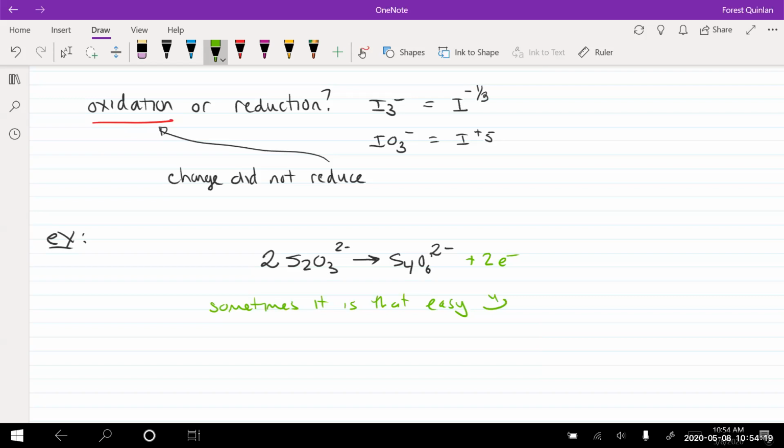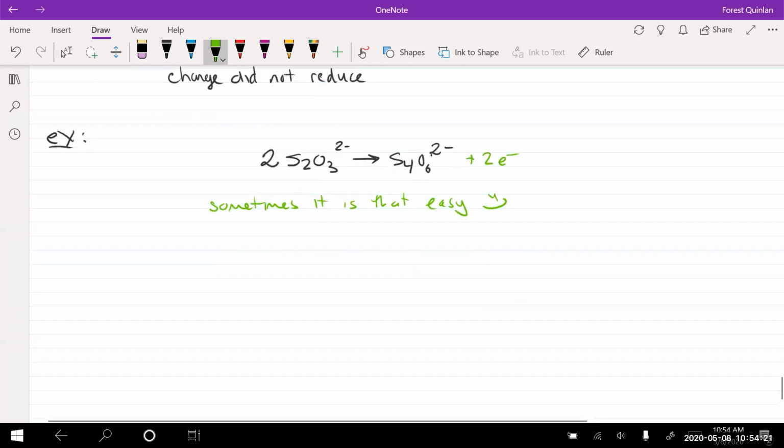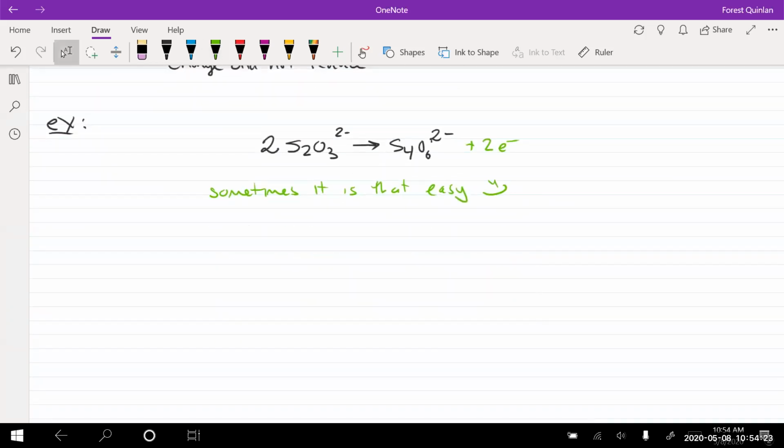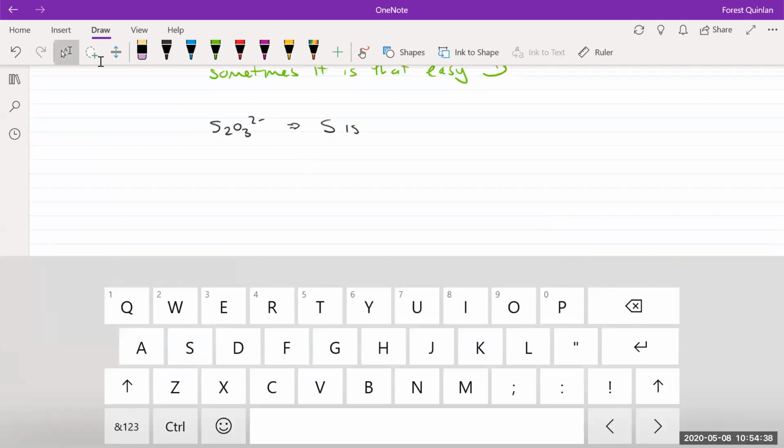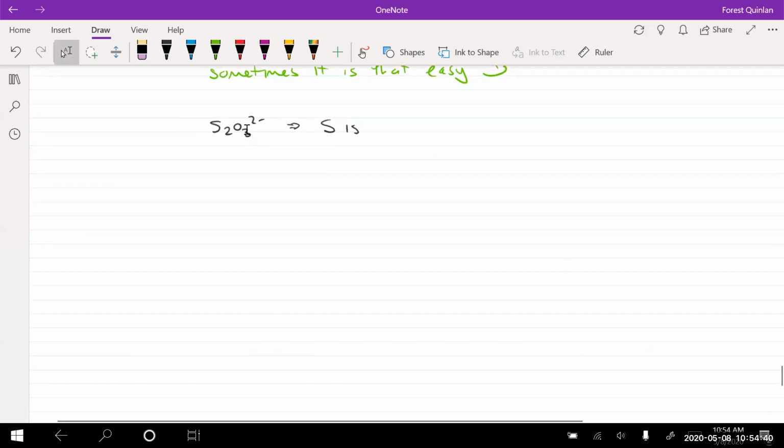Now, if you were to figure out those charges, Miss Young, what do we have here? On the S2O3, we have 3 times -2 for the oxygen. It's -6. There's already -2.